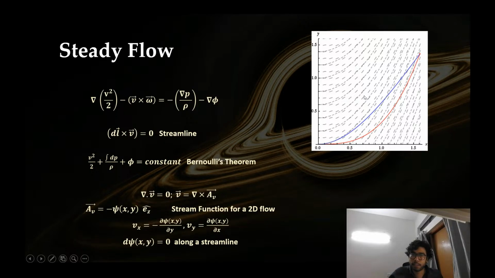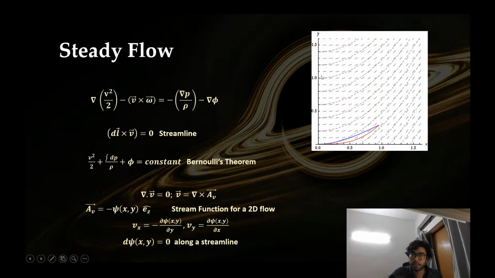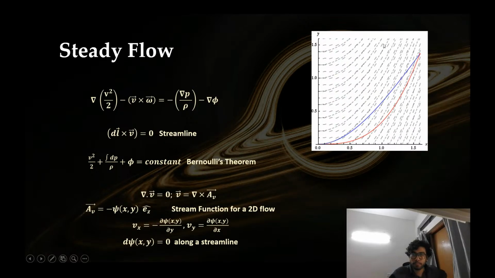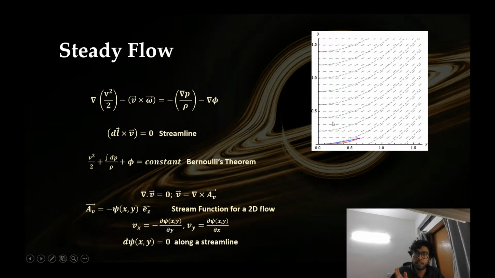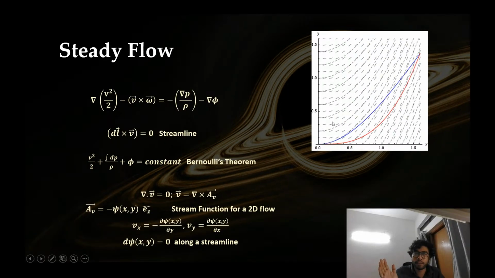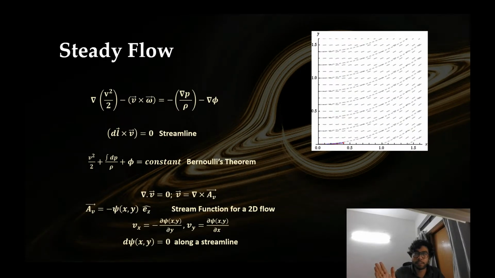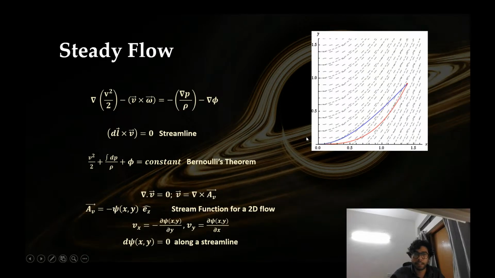The streamlines are these dotted lines which are moving in the fluid. These are the instantaneous tangents at every point that the particle is moving through. So these are basically tangent lines.